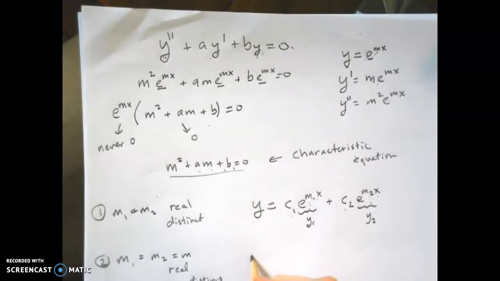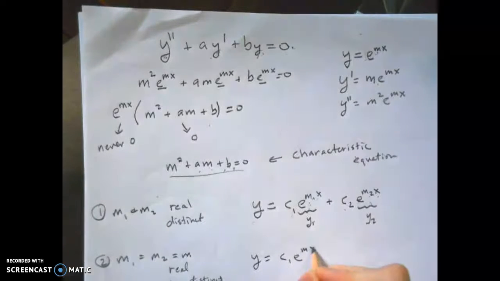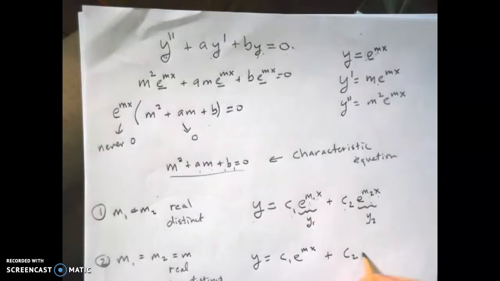Okay, so your solution would be y equals c1 e to the mx. Notice I didn't say m1 because they're both equal to m. Now here's the problem. You want the other one to be c2 e to the mx also. But the problem is your y1 and your y2 would not be linearly independent. They'd be the same thing. Okay, so that's a problem.